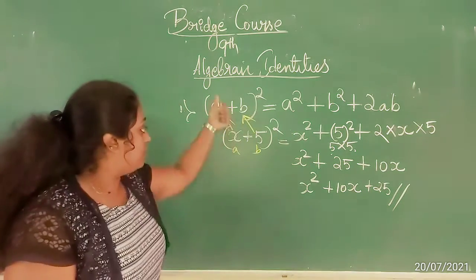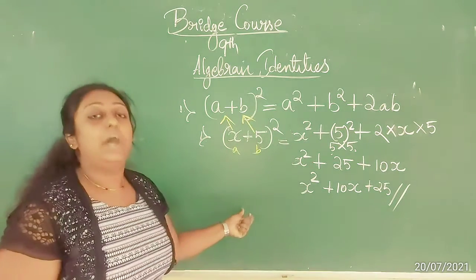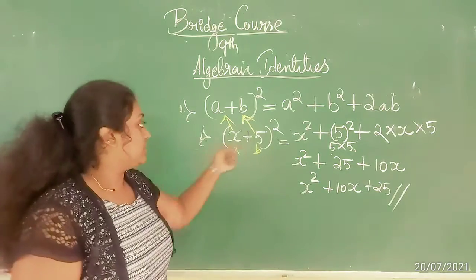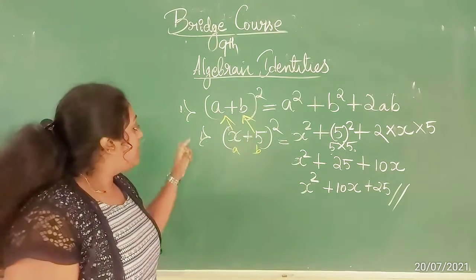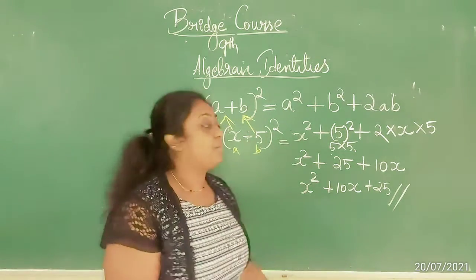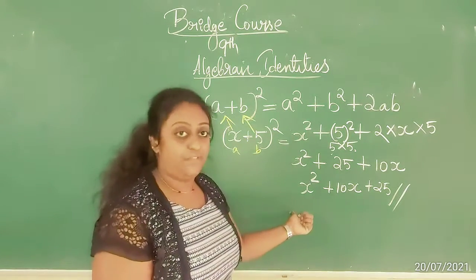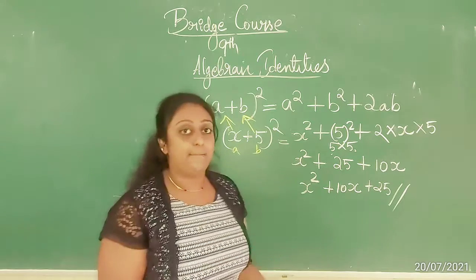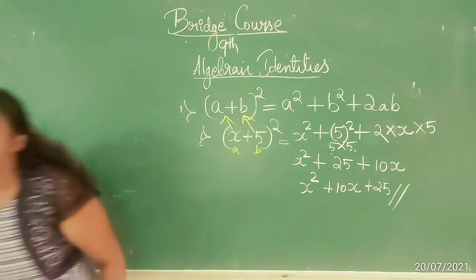So this is how you are supposed to do your algebraic expression using these identities. Okay. Now next I will do with the (A - B) formula. Now I did with the (A + B) formula. Now I will do with the (A - B) formula.